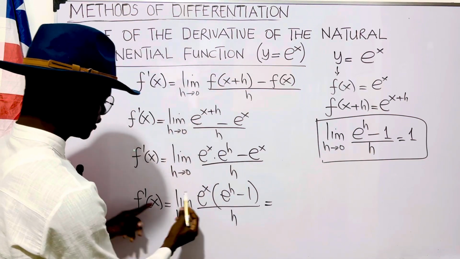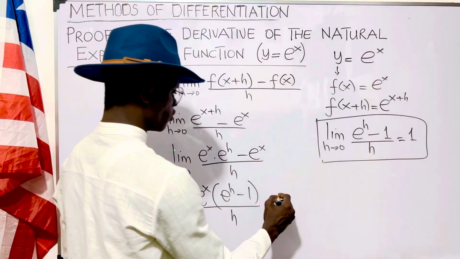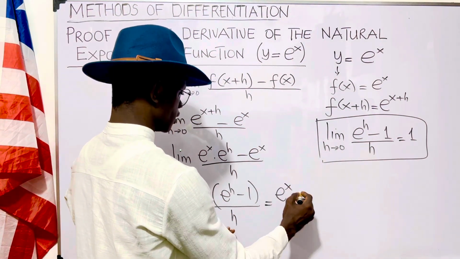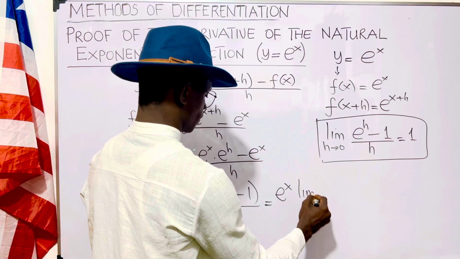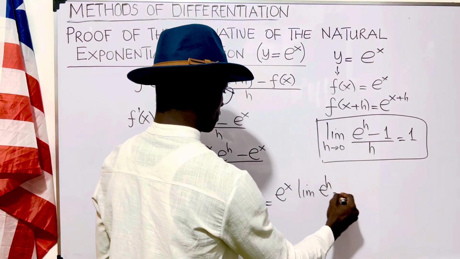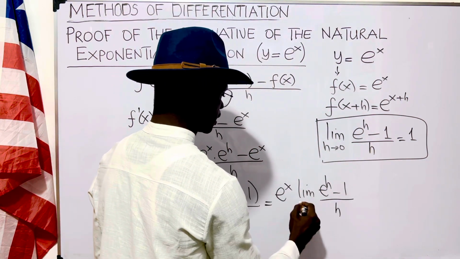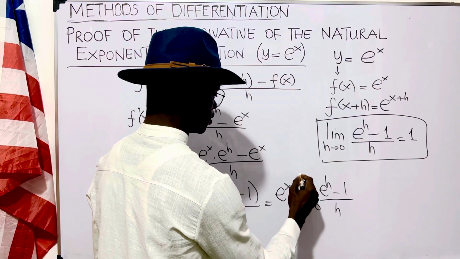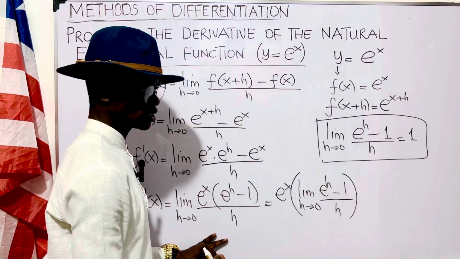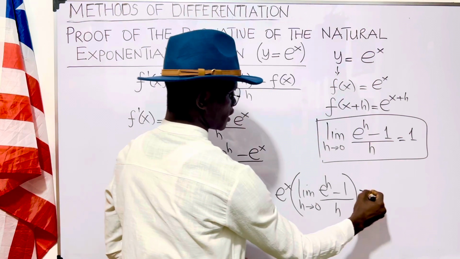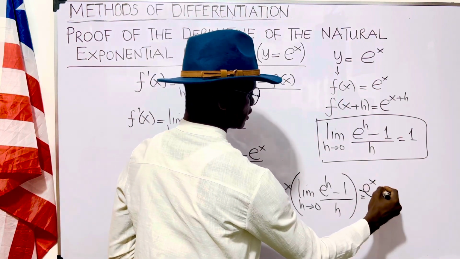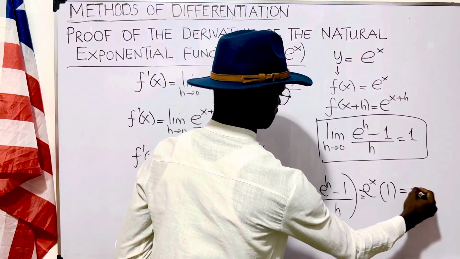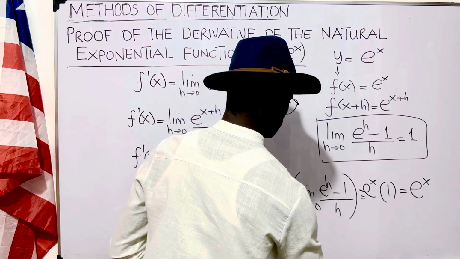Now what do we have? This e raised to the power x can come behind this limit. It will be e raised to the power x times the limit of e raised to the power h minus 1 all over h as h is approaching 0. We know that this entire limit is just equal to 1. So it's like e raised to the power x times 1, which is just equal to e raised to the power x.